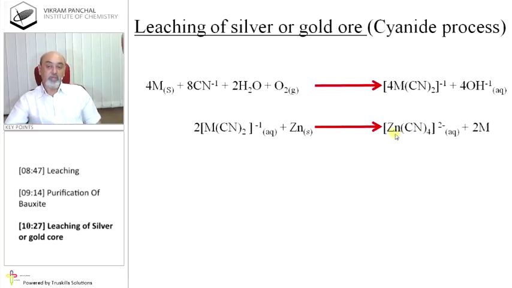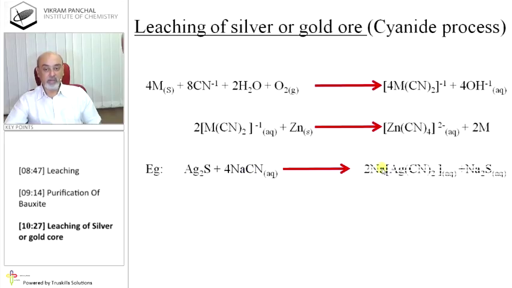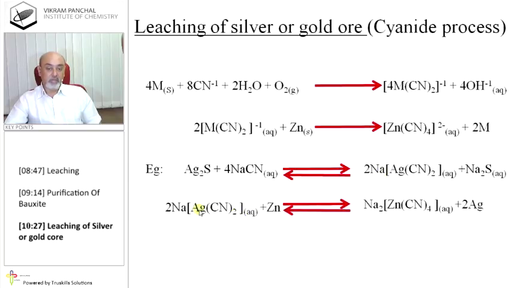Therefore, metal is replaced by zinc, and we will get a zinc complex and metal will be free. For example, silver cyanide, which is treated with sodium cyanide, produces a complex of silver cyanide and then we add zinc. So silver is removed and zinc will join with cyanide ion, and this way we can separate silver.